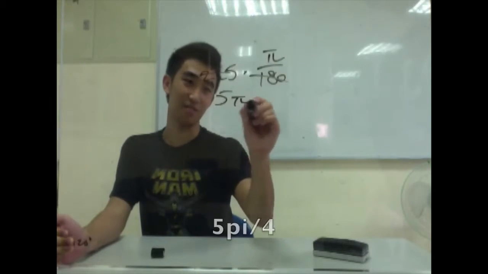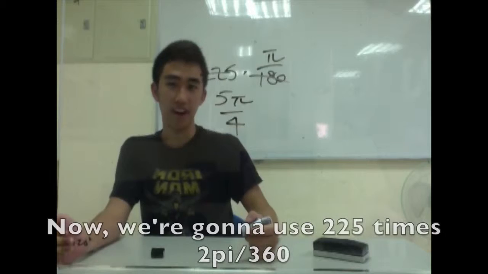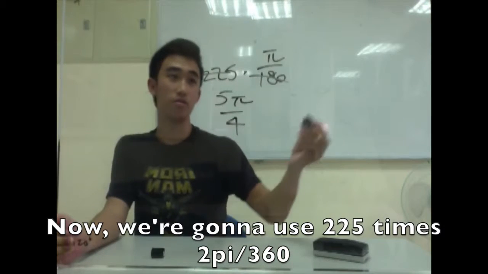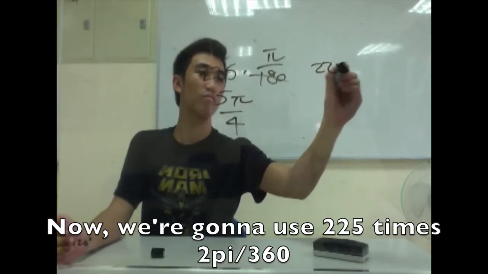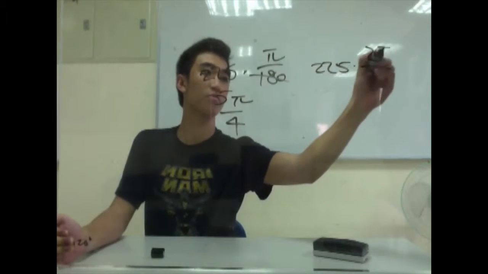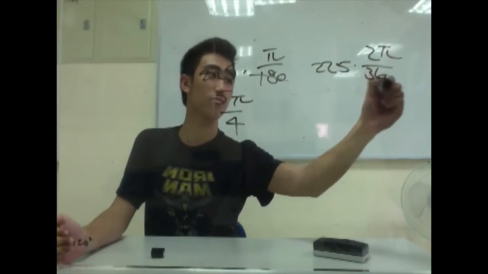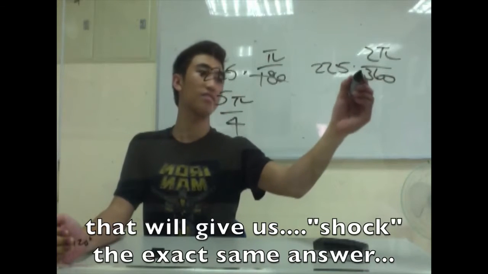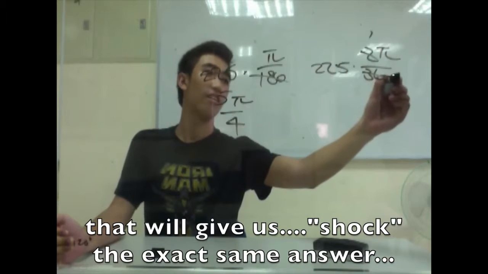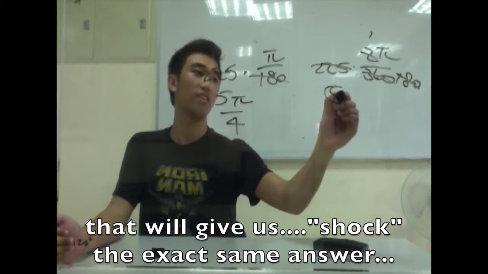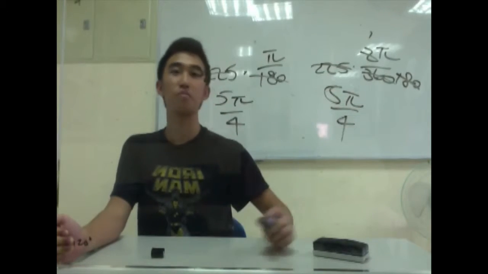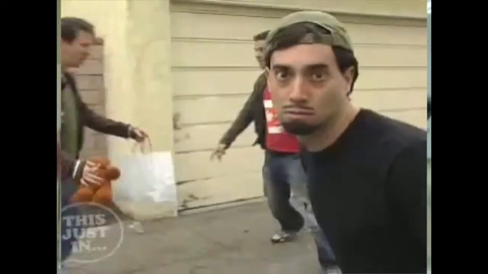5 pi over 4. Now we're going to use 2 pi over 360. That will give us the exact same answer. Magical.